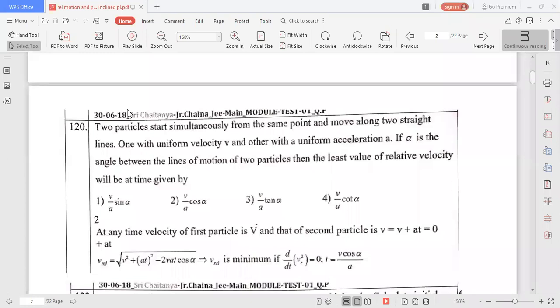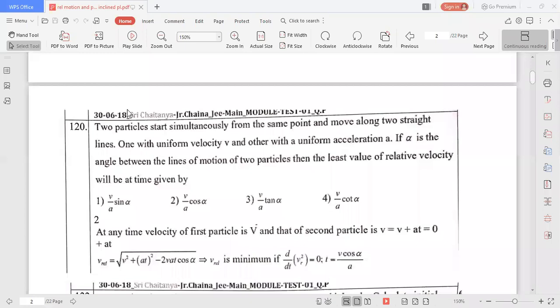Take the relative velocity of the first particle with respect to the second particle, which means v1 bar minus v2 bar. As the angle between the two velocities is given, what about v2?